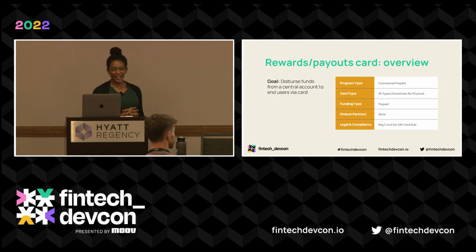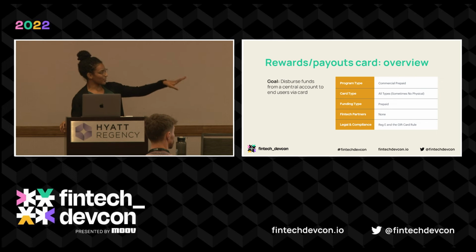All right, and then for rewards and payouts funds flow. With this one, you're going to start with the customer accounts. The payment is going to be initiated to the brand from their customer. So those funds are going to go from the customer's account into the brand account.